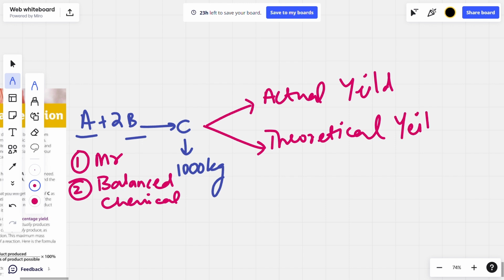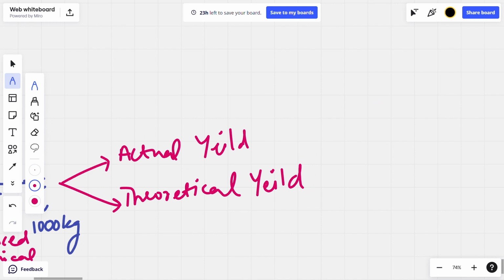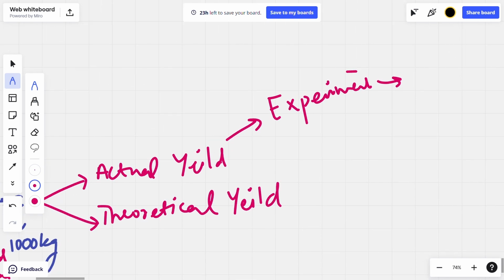What is the actual yield? Actual yield is the product that is formed after the experiment, obtained after the end of the chemical reaction.